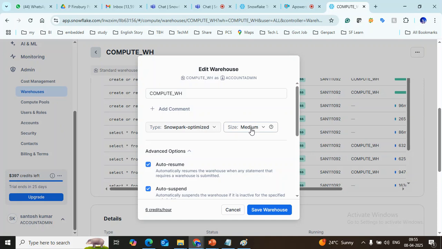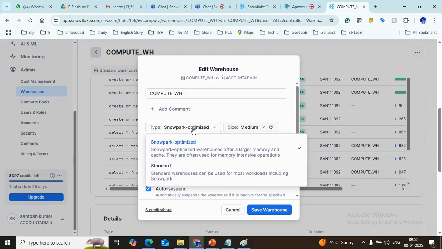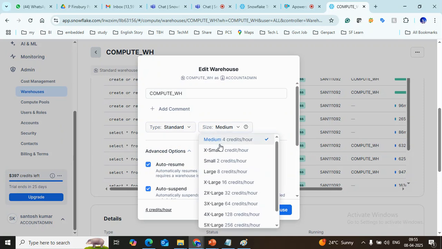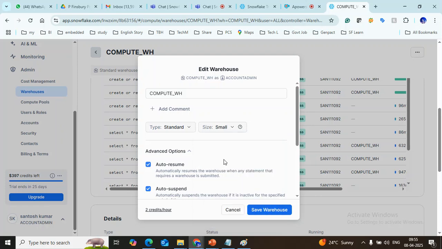It is 6 credits per hour. So see the difference: 1 credit for this one and 6 credits for Snowpark optimized. We don't require it; standard is enough. In most organizations, people work with the small warehouse itself, and it works effectively, right?